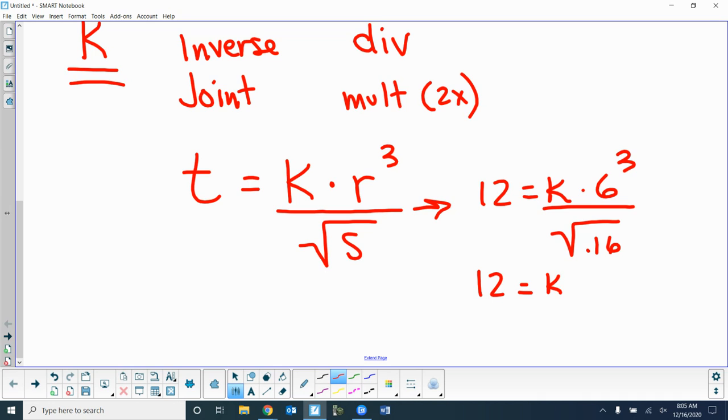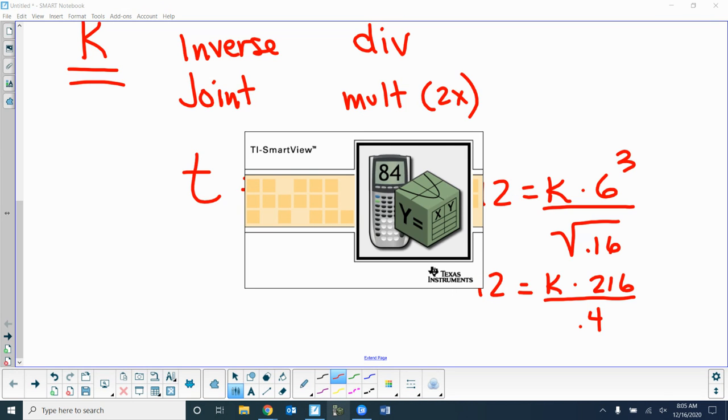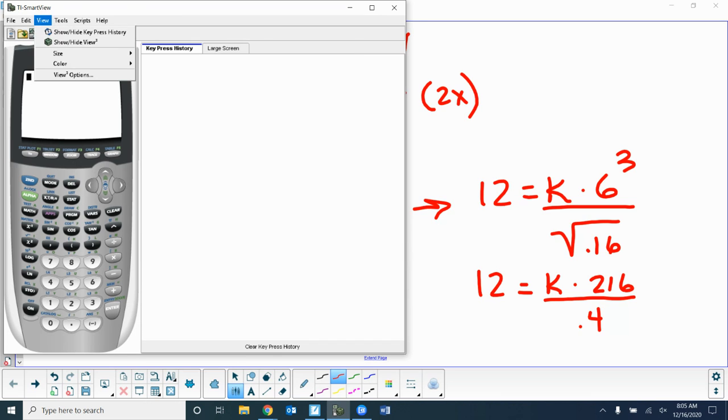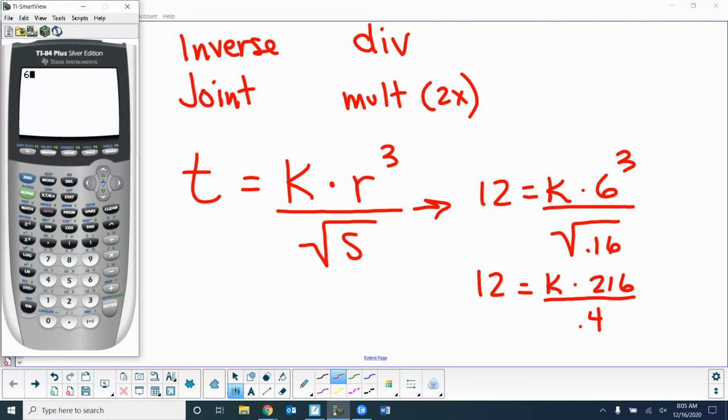Just use your calculator. I think 6 cubed is 216, and the square root of 0.16 is 0.4, I believe. I'll make sure. Yeah, 6 cubed, and then the square root of 0.16, 0.4.